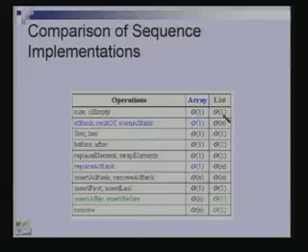As you can see, in the case of an array implementation, if you want to insert an element at a certain rank, or you want to remove an element at a certain rank, it will take order n time. Now, if you want to insert after or insert before a certain position, this will also take order n time, and if you need to remove an element at a certain position, this will also take order n time.